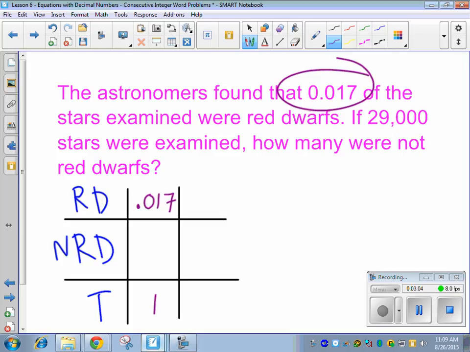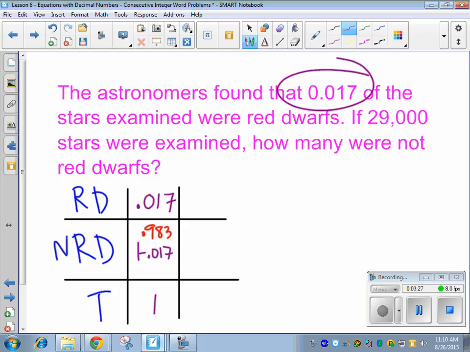And just like the fraction box, in order to find the not part, you have to do 1 minus the fraction that you knew. So for this, we actually need to do 1 minus 0.017. That means what is that, you guys? 0.983 are not red dwarfs because they have to add to 1.